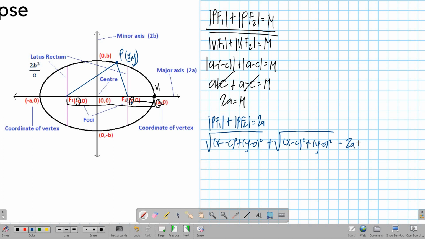Let's simplify things. This becomes the square root of (x plus c) squared plus y squared, plus the square root of (x minus c) squared plus y squared, is equal to 2a.